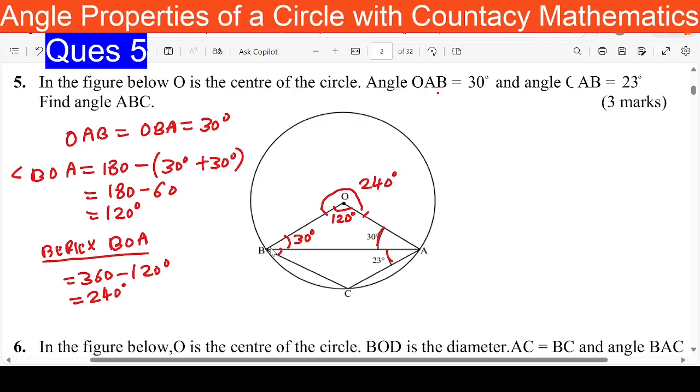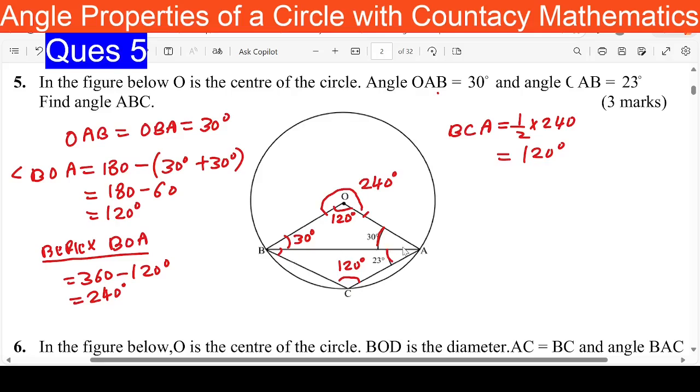Since they are sharing a common chord BA, this angle BCA would be equivalent to half the angle that is subtended at the center of the circle, which is 240. And that is going to give us 120 degrees. Therefore, this angle over here is 120 degrees.